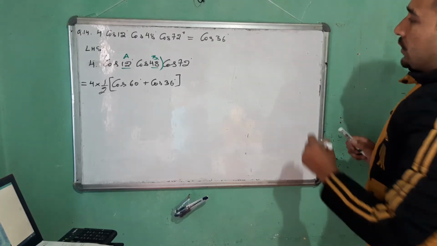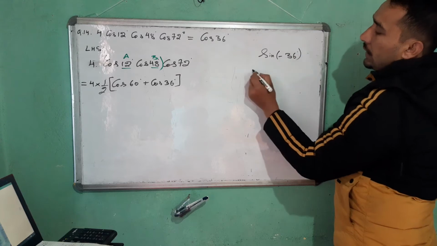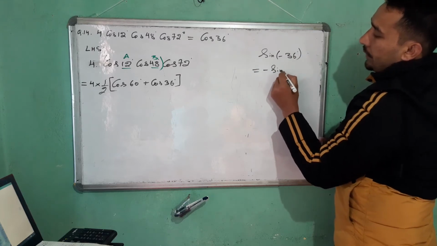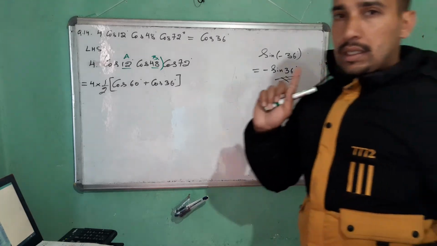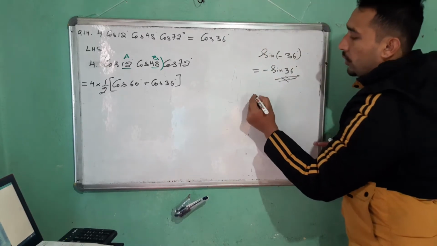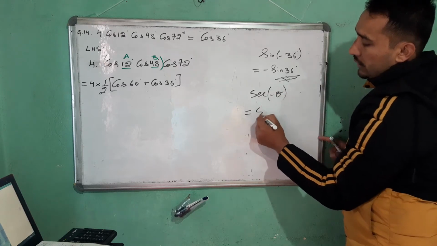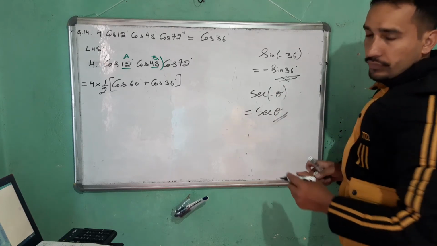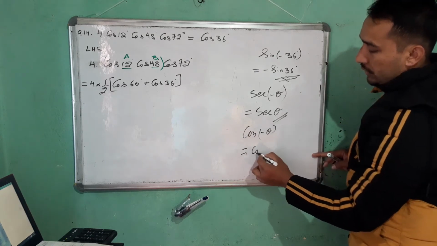Suppose if you have sine of minus 36 degree, then you have to write minus sine 36 degree. Only cos and the reciprocal of cos, which is sec, will observe the negative sign of the angle, sec(-θ) is sec θ and cos(-θ) is also cos θ.